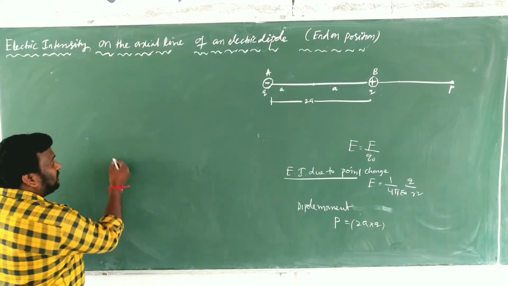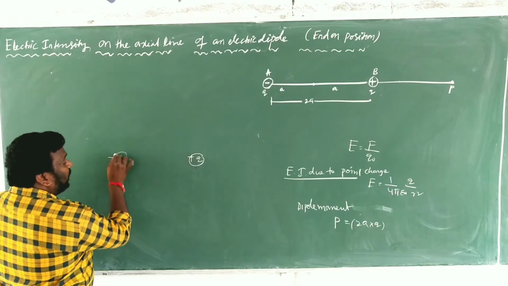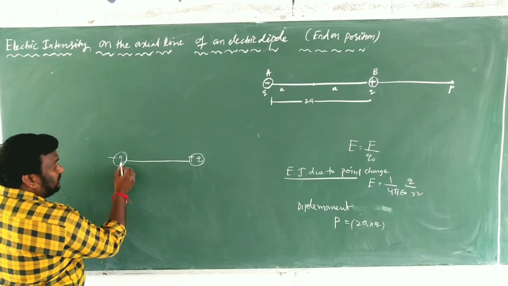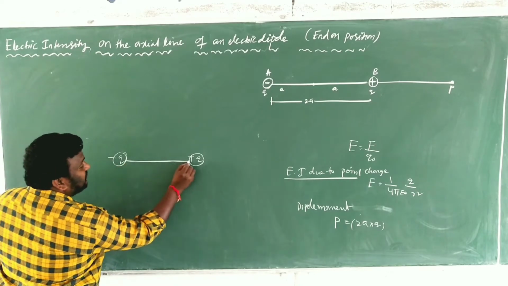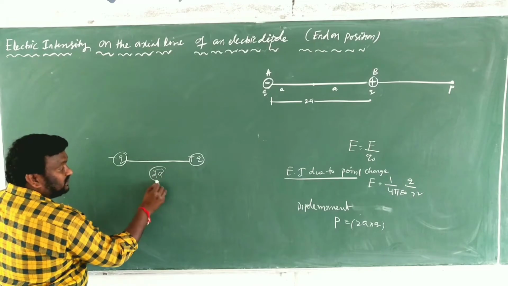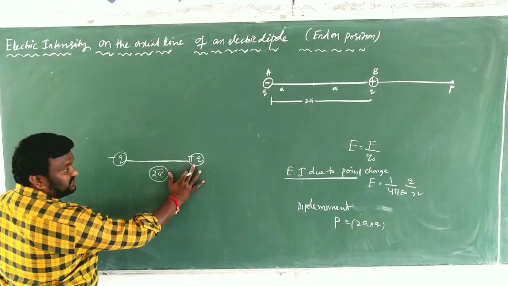For example, here we are taking this is minus q and this is plus q. Two equal and opposite charges are separated by some distance. Here this is 2a. This 2a is the displacement vector from the negative charge to the positive charge.